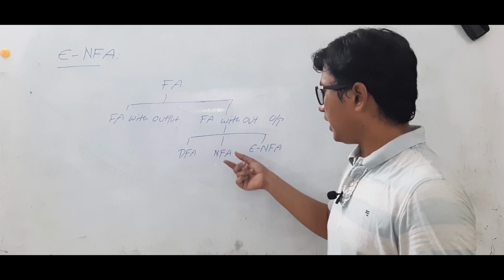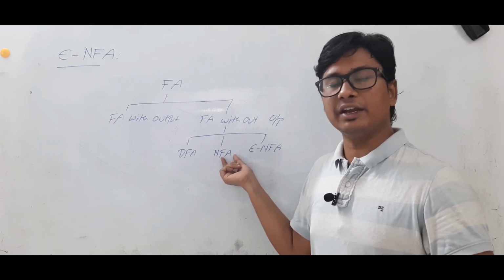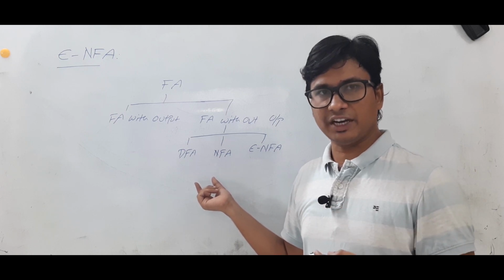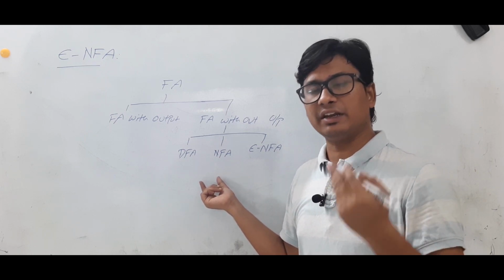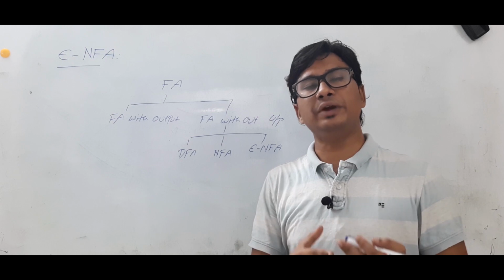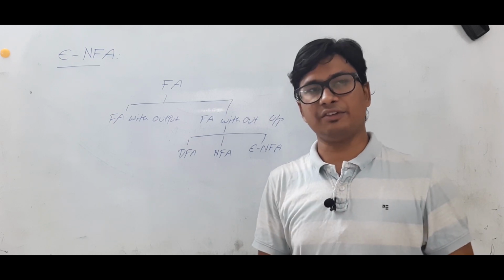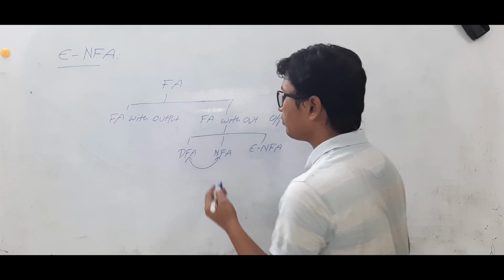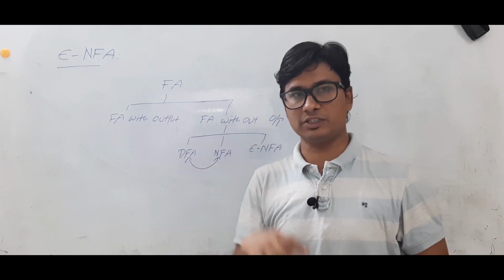Is it clear? Then we moved to the NFA. We discussed what an NFA is, the difference between DFA and NFA, how to represent an NFA, and a few examples for constructing an NFA. And then we discussed the procedure for converting an NFA to a DFA with a few examples.